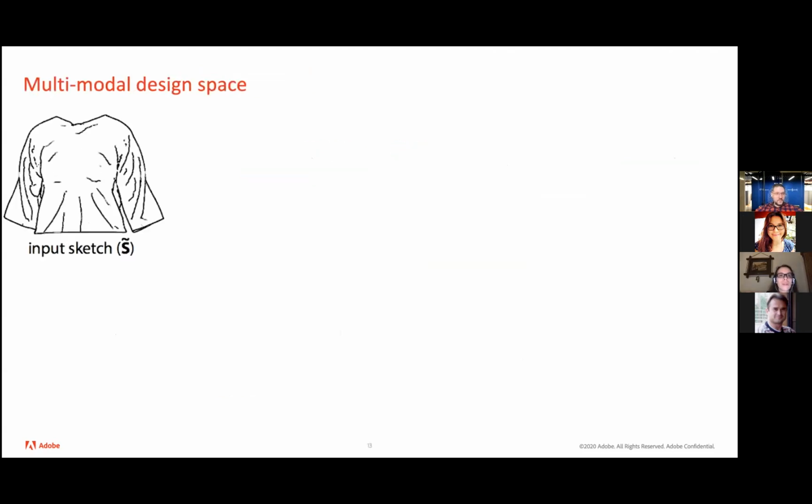So the first observation is looking at the whole design workflow. There are actually multiple design spaces the user has to operate across. First, there is the sketch space where you basically sketch what the final garment should look like.